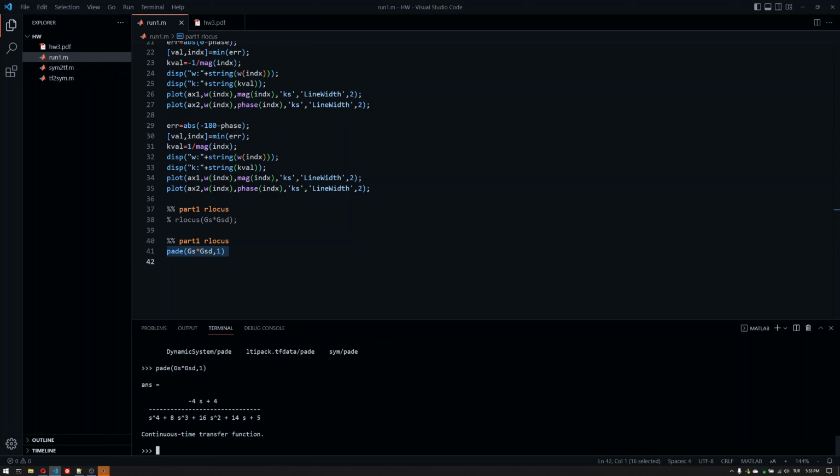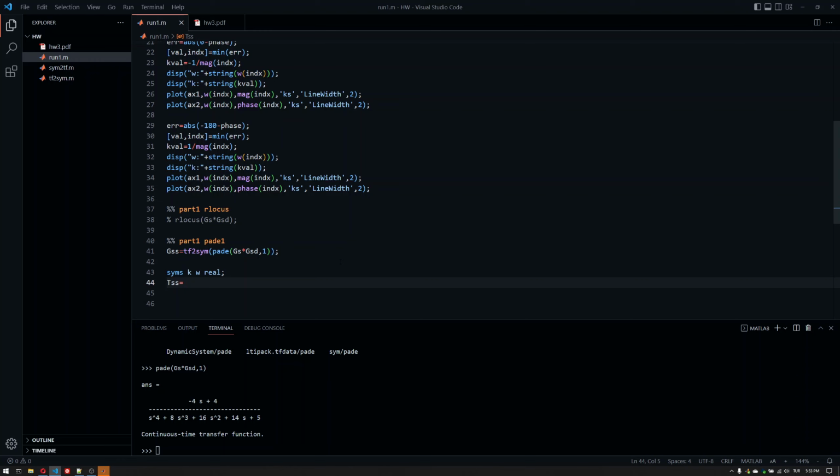Now, so let's call it Padé 1. So I can convert this with TF to sym into a symbolic expression. And from now on, I can just define K and omega to be real. I can look for the closed loop here.